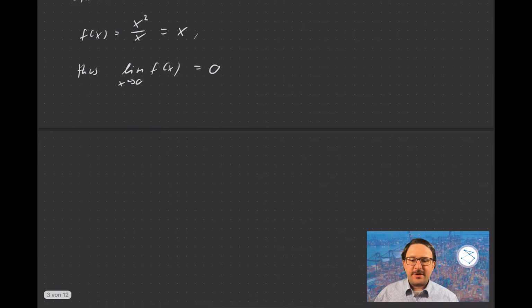And that means we could easily extend the function f to cover that gap, such that the extension does not have that gap anymore. And that's the idea of continuous extension.